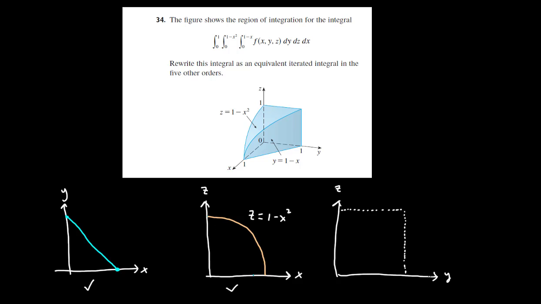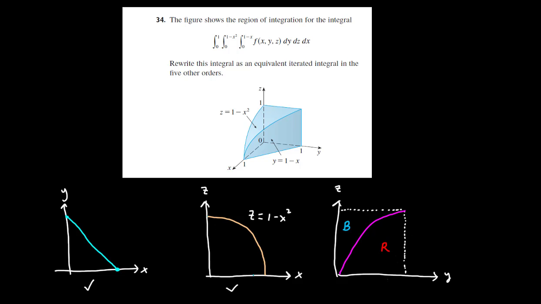The final one that ends with dy, dz, or dz, dy, this one's definitely a lot more tricky because if you're looking at the yz projection, it makes a square, but it's broken down by two different shapes. So you can have, like, let's call this the blue region, and then the red region.